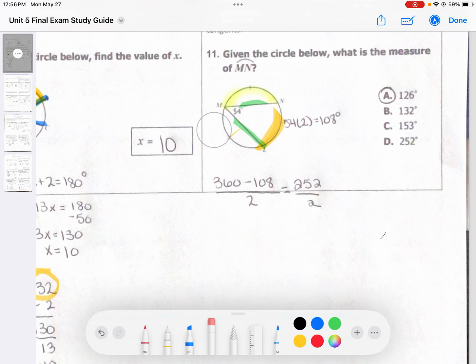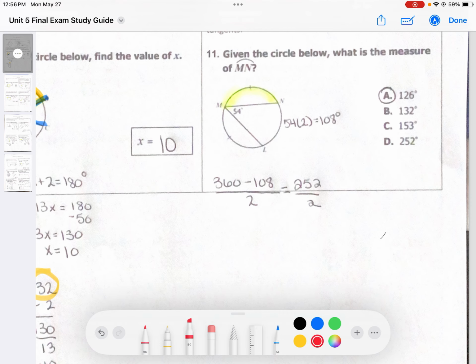360 minus 108 will give me arc LMN. LMN is split into two congruent halves. How do I know it's split into two congruent halves?